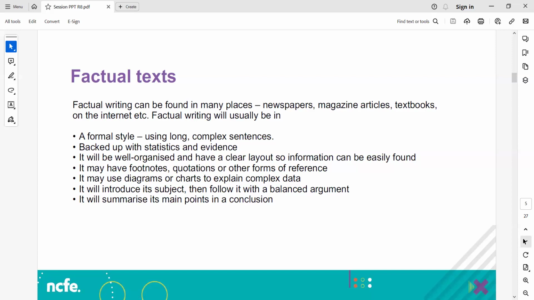It will introduce its subject and then follow it with a balanced argument, so giving evidence on both sides of the argument. And then it will include a conclusion as well to summarize the main points.